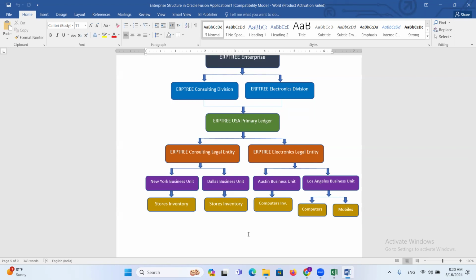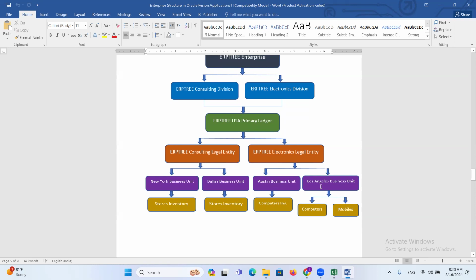For our application, inventory is mandatory. If they don't have real inventory, at least you have to create a dummy inventory. So here, in the example, they don't have any warehouses. That is the reason you may create a stores inventory in the system and map it to those business units, or create dummy inventories. In Austin, they are dealing with computer sales and computers inventory.